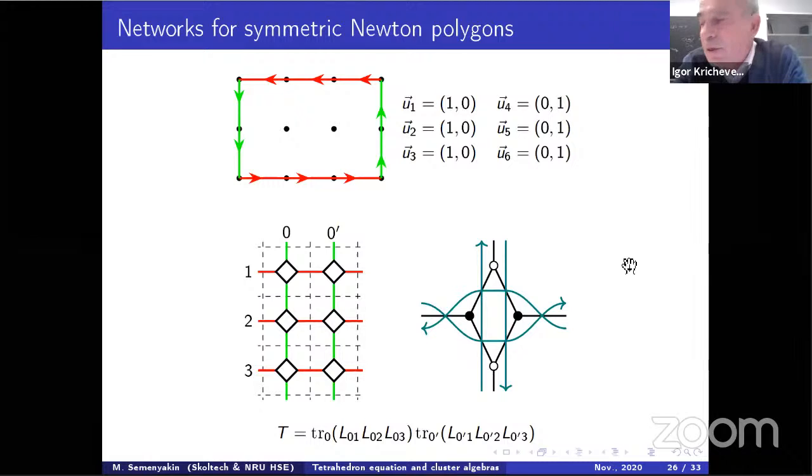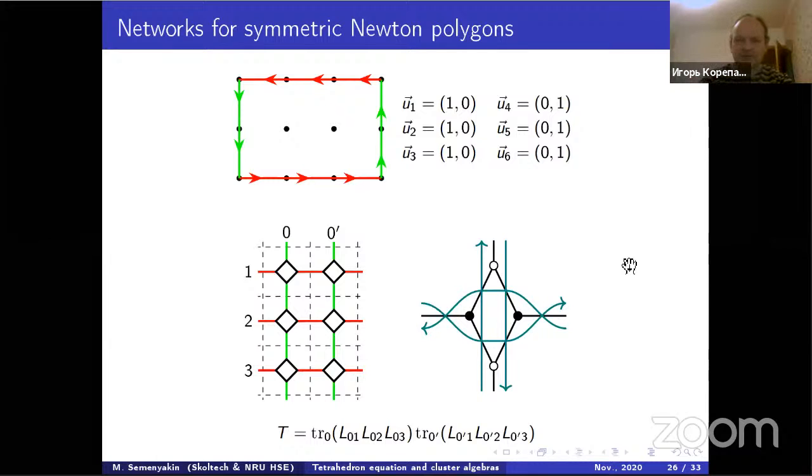Kolya, as far as I remember, maybe I'm incorrect, but in Kenyon's and others' works, there were integrable systems based on the dimer model. And there was nothing, as far as I remember, related to the tetrahedron equation. Yes, that's an interesting question.